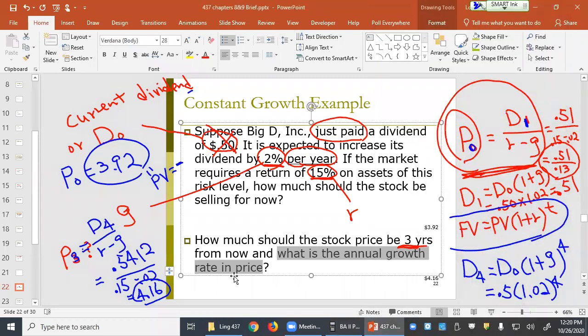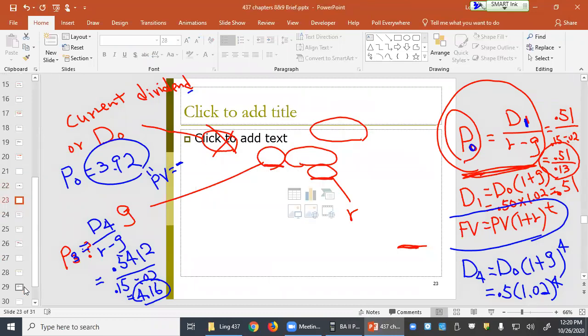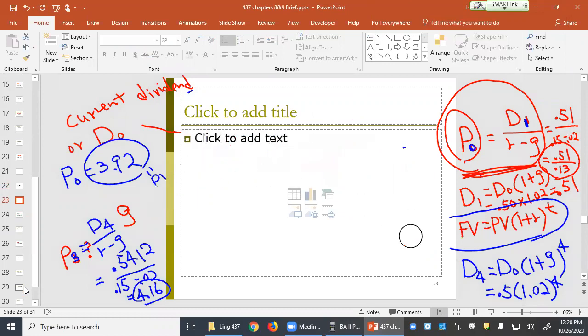So that 2% rate of change in price per year is the same as the 2% rate of change in dividend, and that is not an accident. Okay, so let's make sure that we are aware of this fundamentally and conceptually.